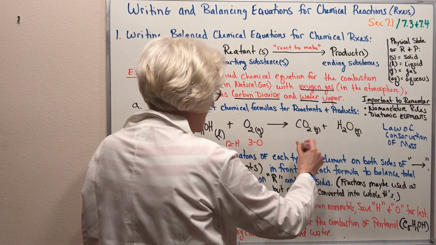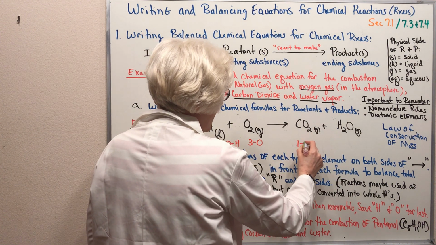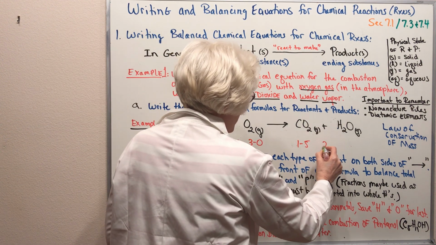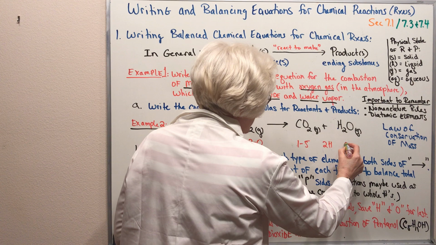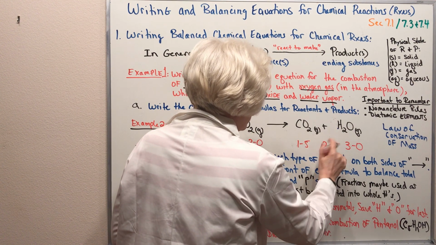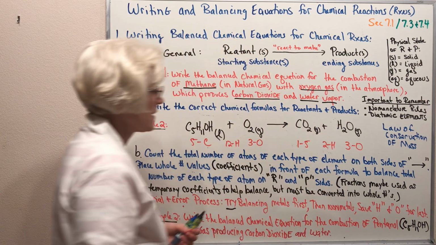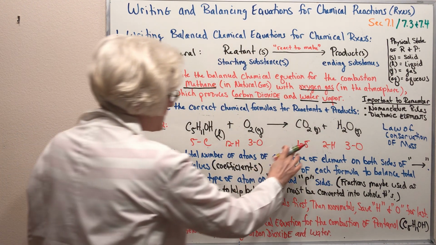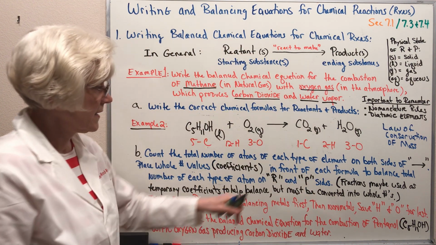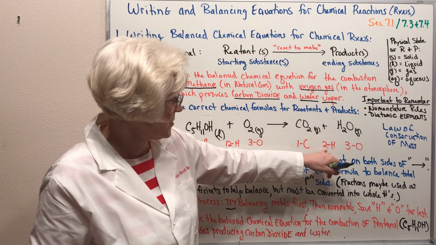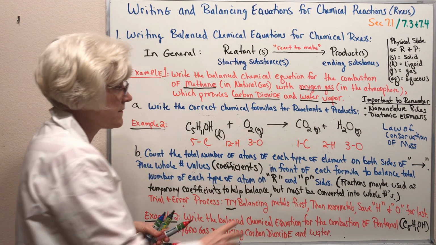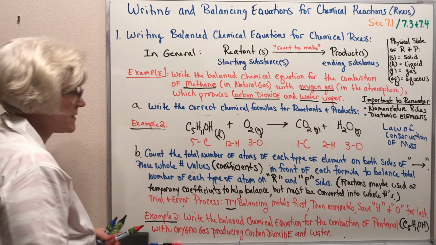Doing the same process on the product side, I count 1 carbon, I count 2 hydrogen, and I count 3 oxygen. And let's put that dash here so it's clear we're talking about elements. Oh, and let's put the C here, indicating 1 carbon, 2 hydrogen, and 3 oxygen for our counts of elements on the product side.